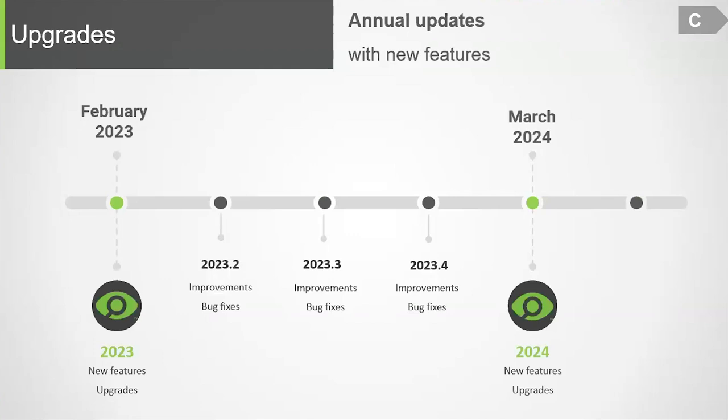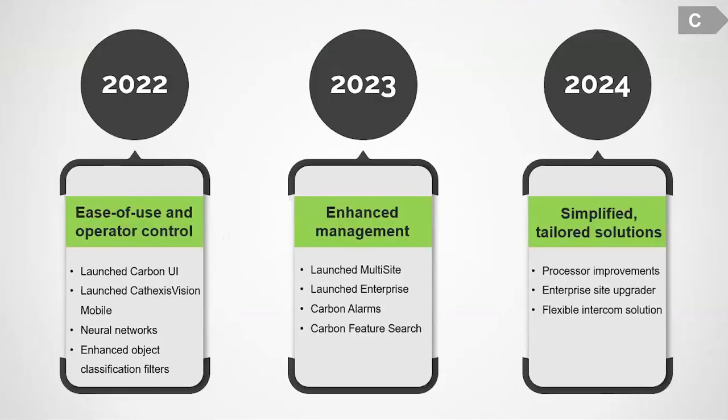Now, after the upgrade licenses, I want to talk about the last 3 years, right? Some people may be using 2018, 2019, whatever. If we look at the last 3 years of Cathexis, look at how much has changed with the software.